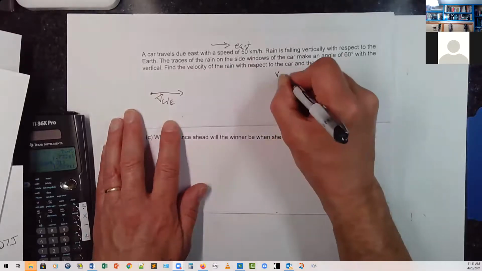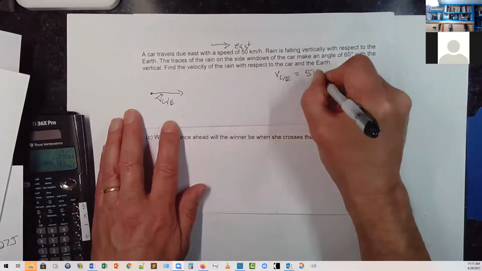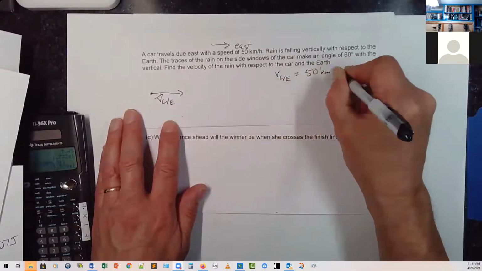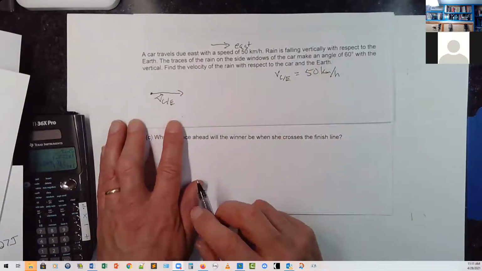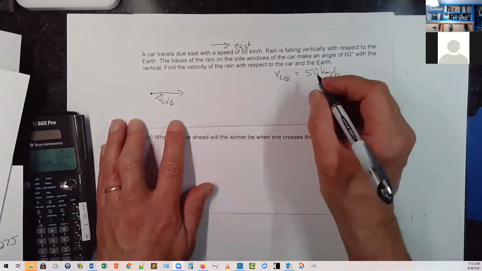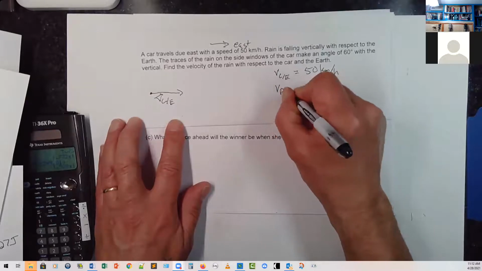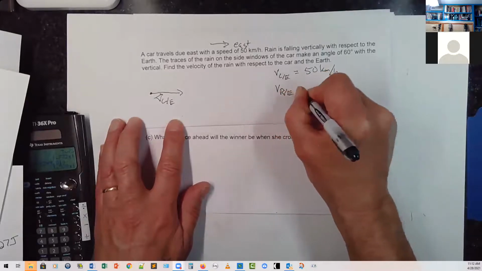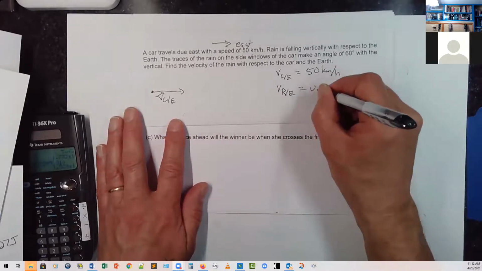So V C/E is 50 kilometers per hour. And then, let's see, I have the velocity of the rain with respect to the earth. We don't know anything about that. It's unknown.